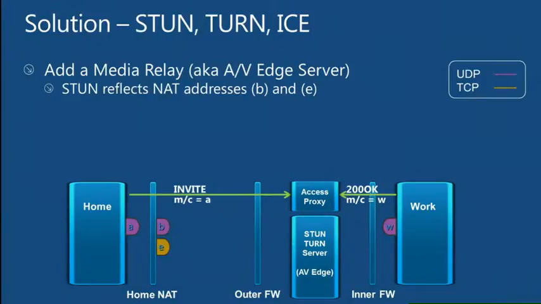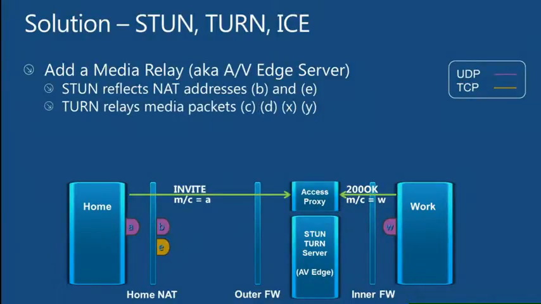So I'm sending a packet. I'm in my home net. I only know that my private IP address is something 192 whatever. Now I send the packet to the Edge server, and the Edge server tells me, well, actually, if you send me a packet, I can see this IP address. So this might be your public IP address. Now I discovered a new candidate.